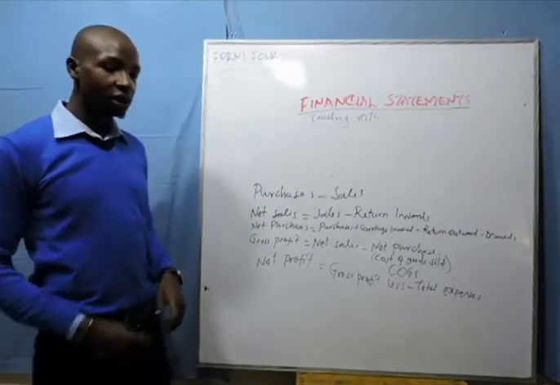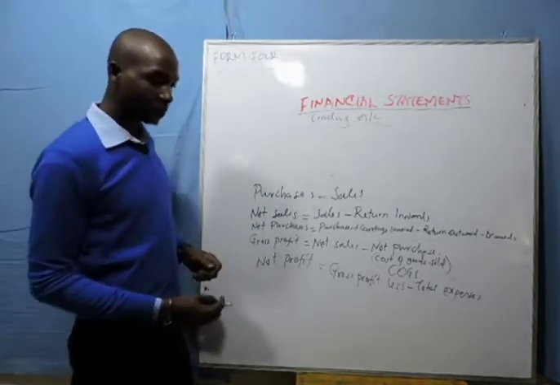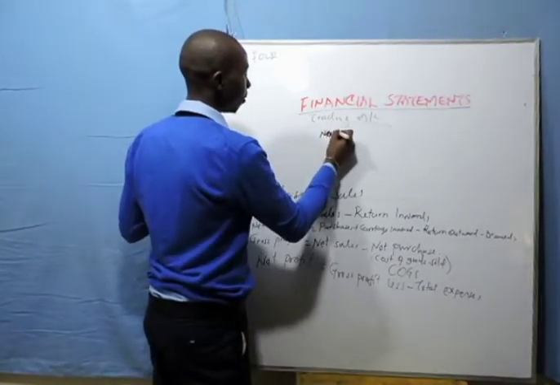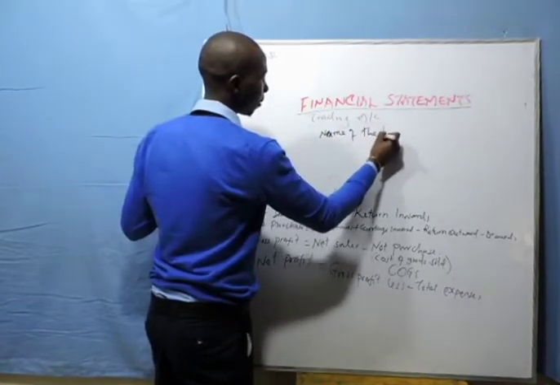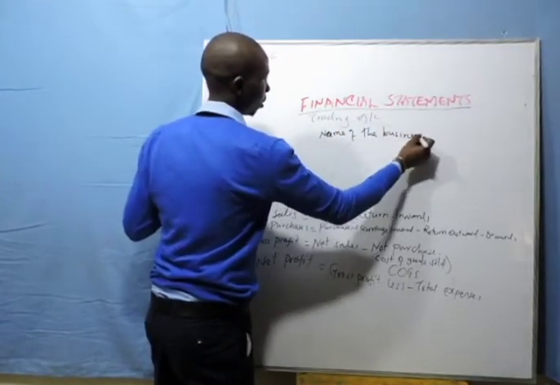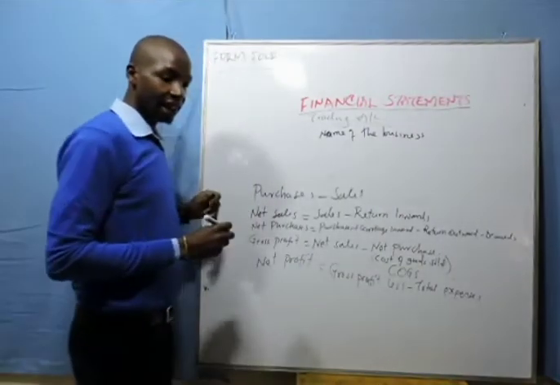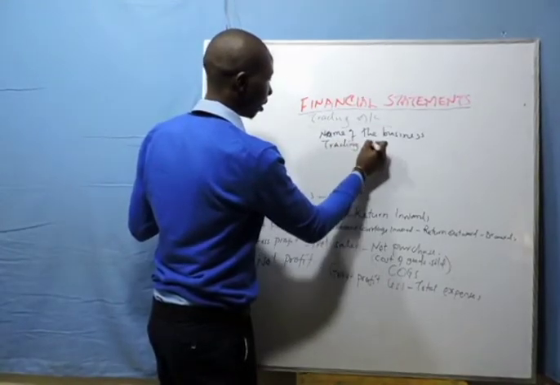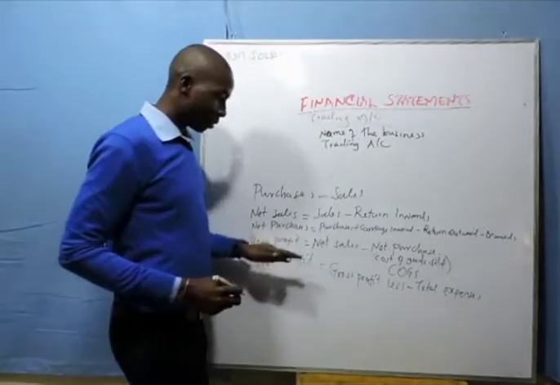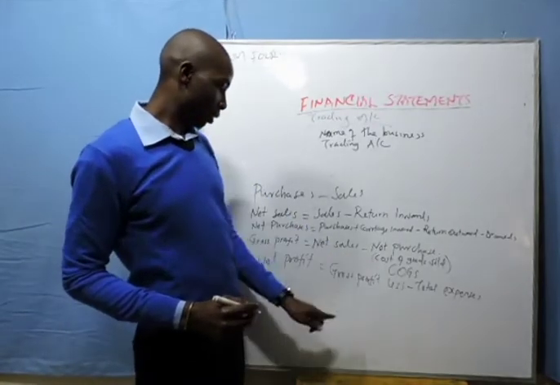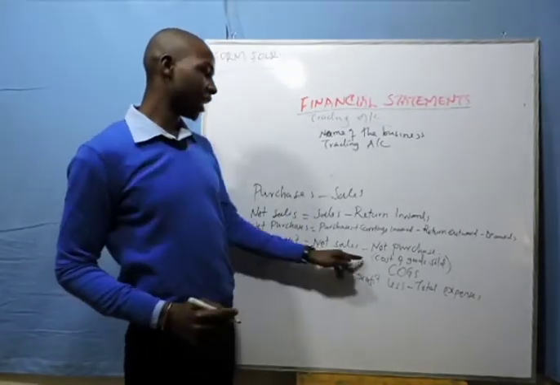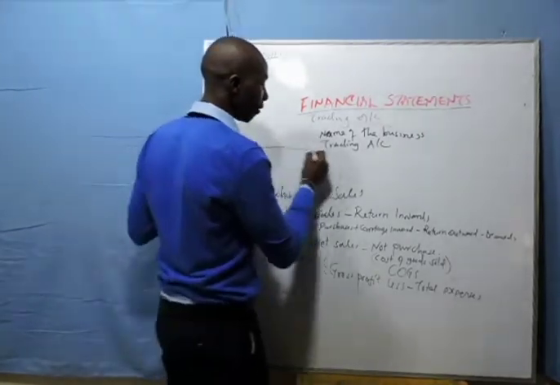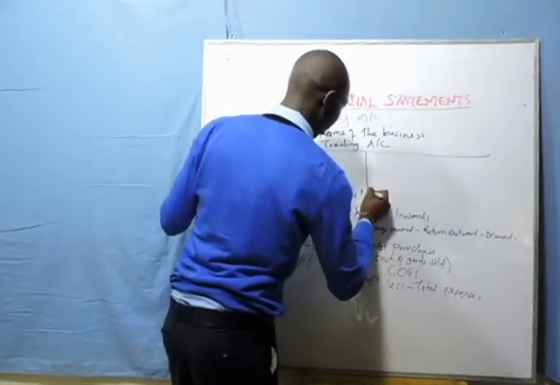Under it, we are going to have a heading, which is the name of the business, followed by trading account. Remember, our aim is to get to the gross profit, which is net sales less the cost of goods sold. So we will have a T table.